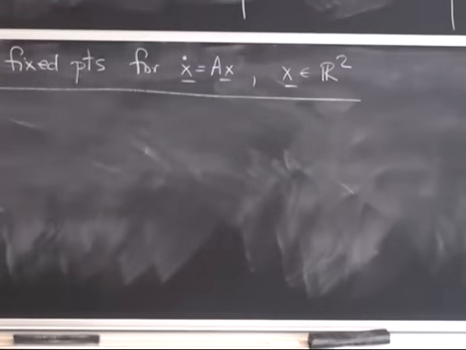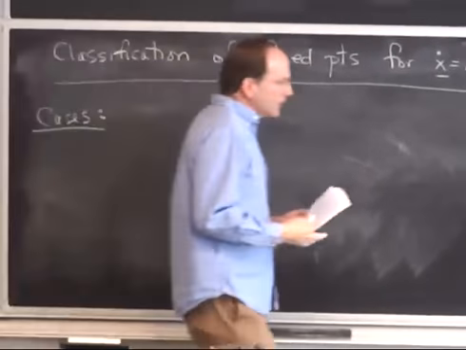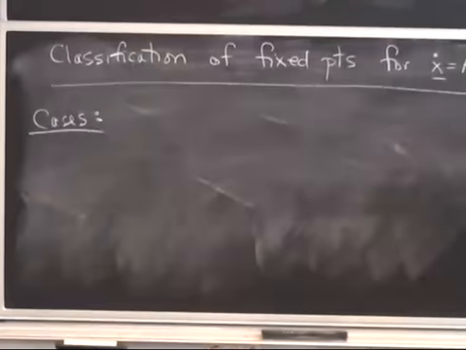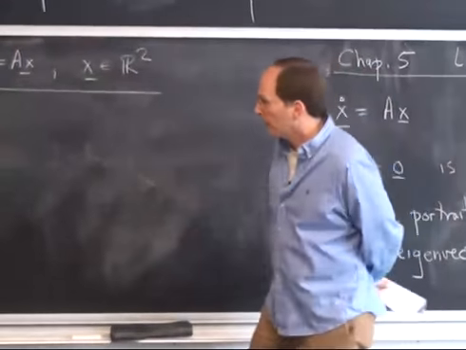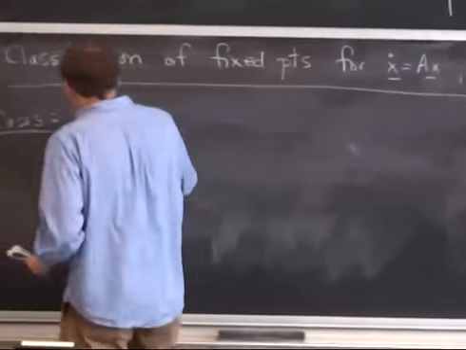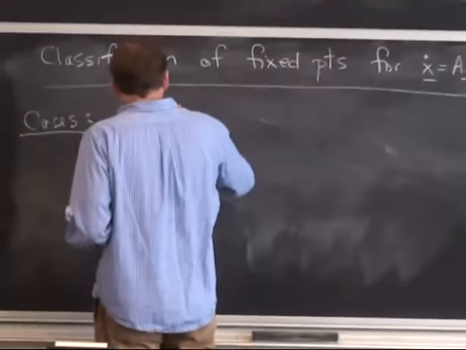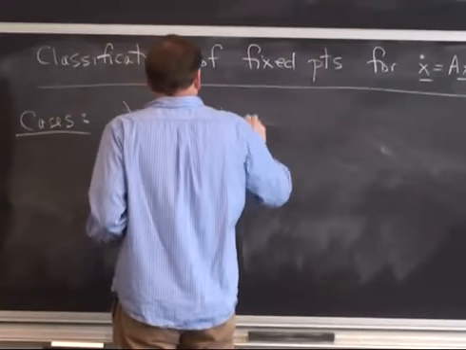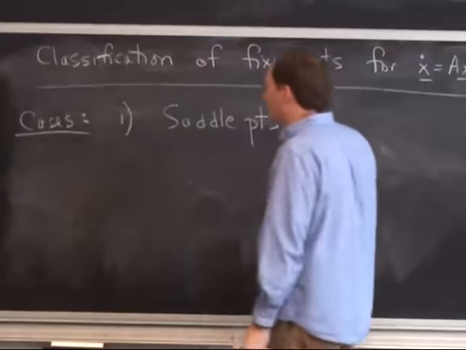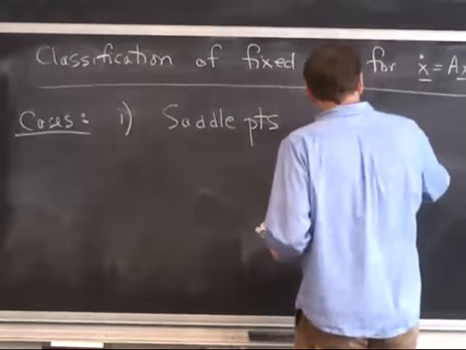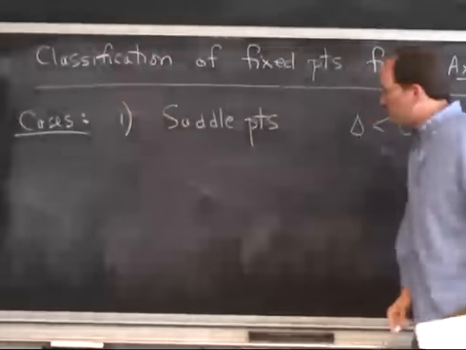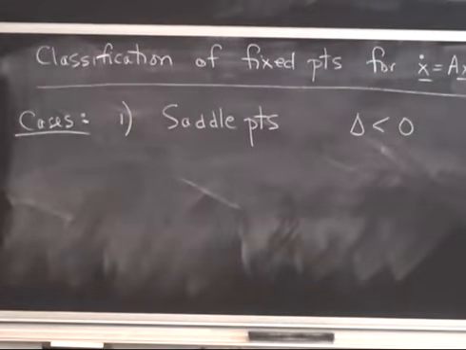And there are a lot of cases, which at the end I'll summarize in a big diagram. But for now I want to just grind through analytically case by case. The simplest of all, I would say, are the saddle points, which you can spot immediately because they're the only ones with negative determinant. So if you just calculate the determinant for your matrix and it's negative, you're done almost.